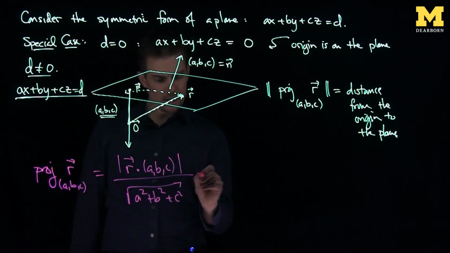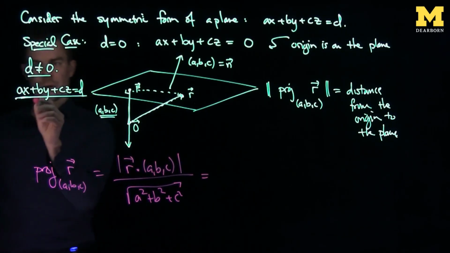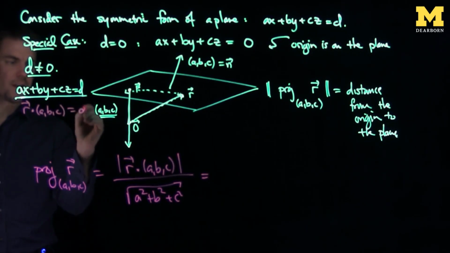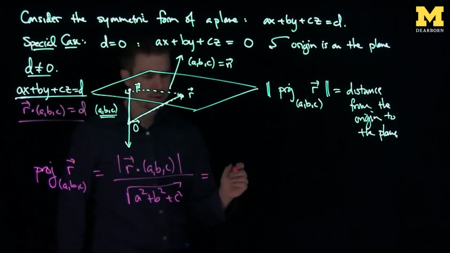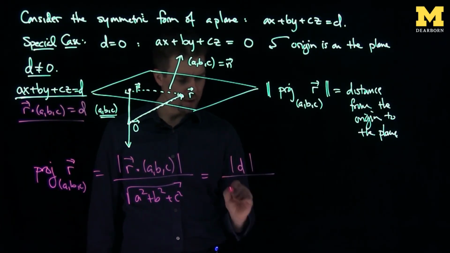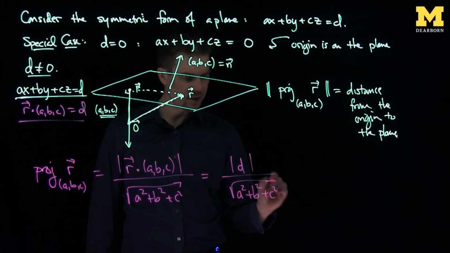And so what we have over here is R dot A, B, C. Well, this equation of the plane is really R dot A, B, C is equal to D. So we see that this would be D over the square root of A squared plus B squared plus C squared.